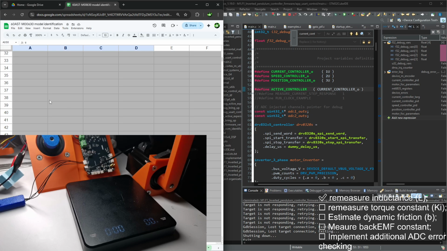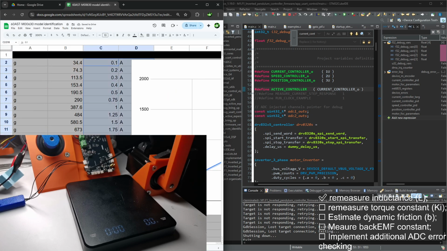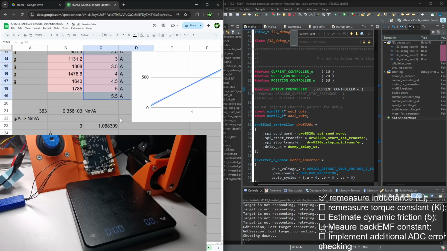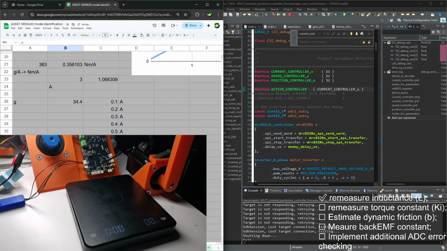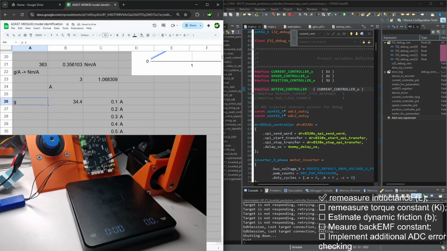Let's say like that. Actually, we can copy this and follow the same pattern, just to be sure. And this will be like that. And let's center all of it as we can.